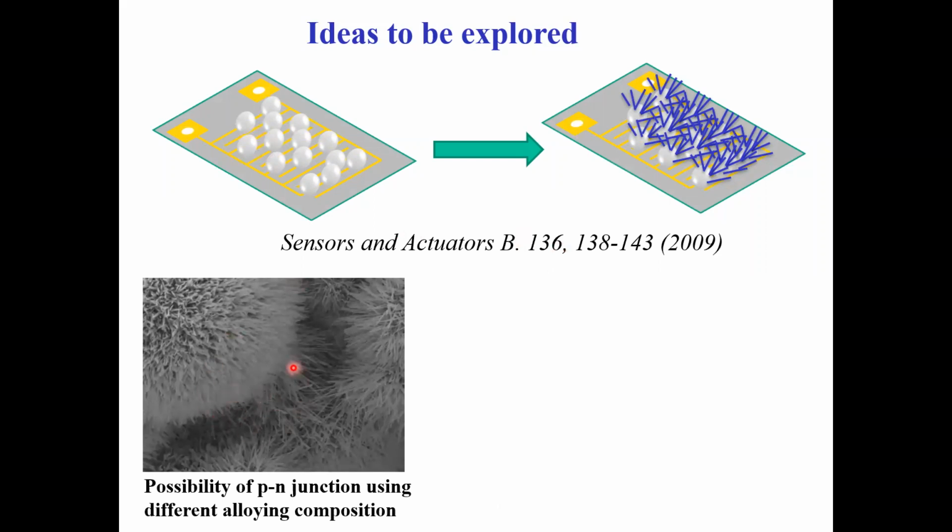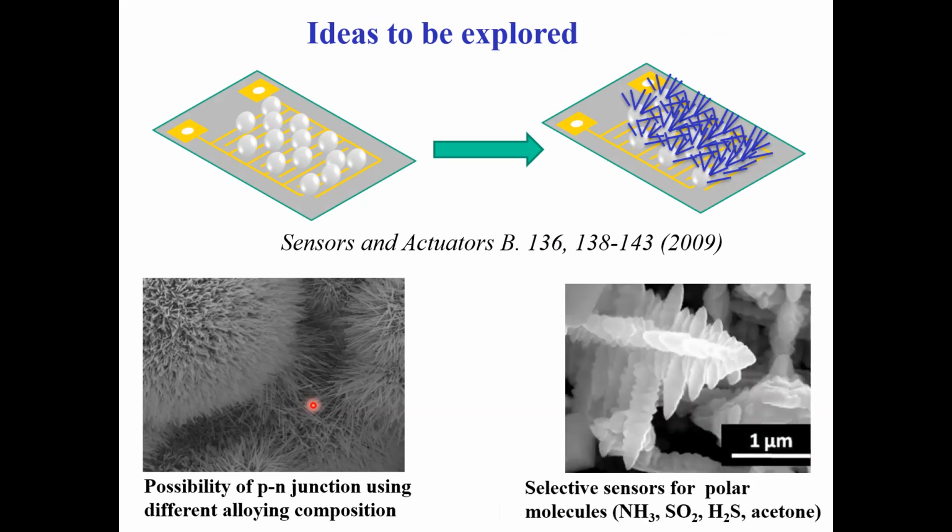So here is some idea that we talked about, creating p-n junction by putting different alloying elements on neighboring titanium particles, p-type elements or n-type alloying elements in the neighboring particles. That way we can get a p-n junction created by this nanofiber of TiO2 creating that junction. The junction would be at a length scale of tens of nanometers.